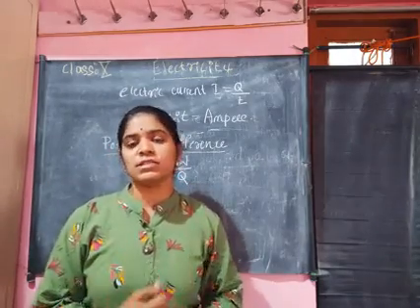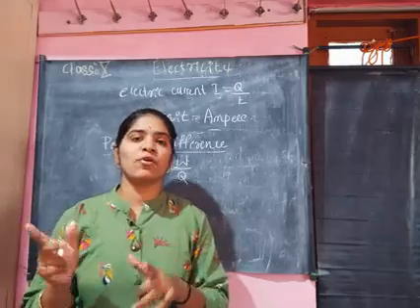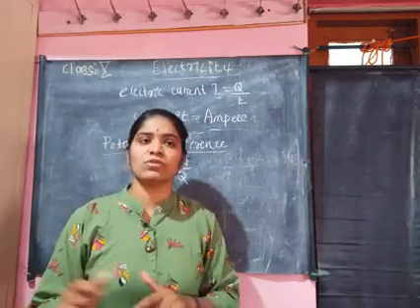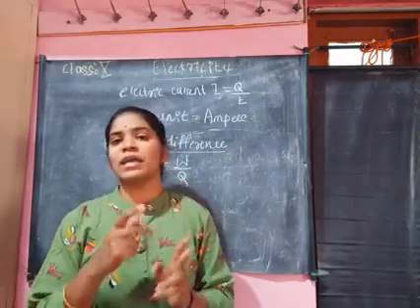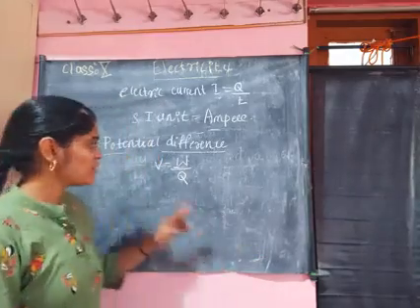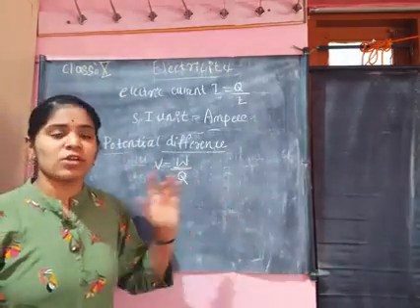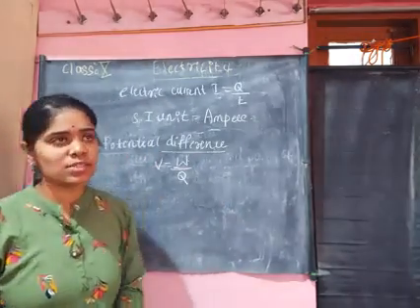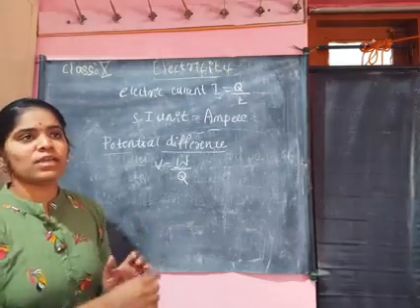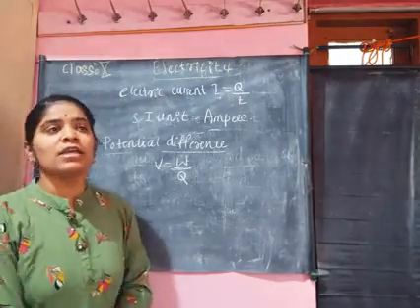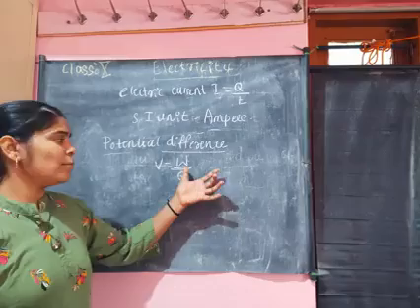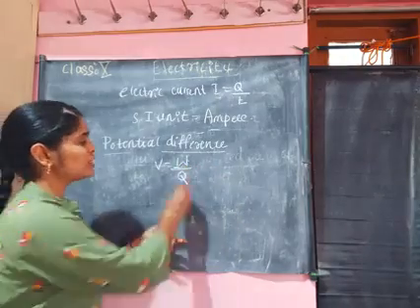Here we consider the cell because there must be a flow of electric charges or electrical pressure between any 2 points. That's why we consider the potential difference. So how do we define the potential difference? The potential difference between any 2 points in the cell is given by the amount of work done per unit charge.